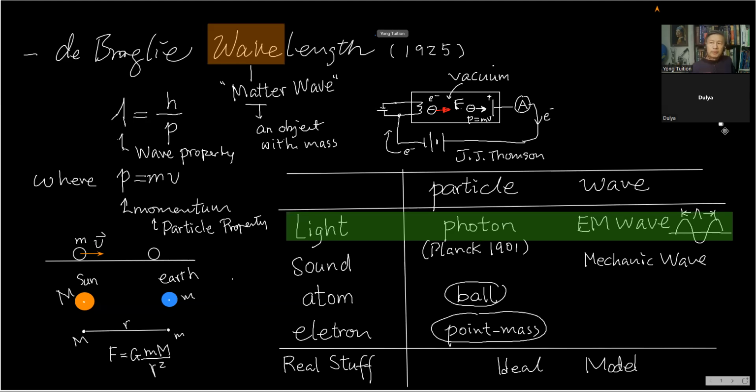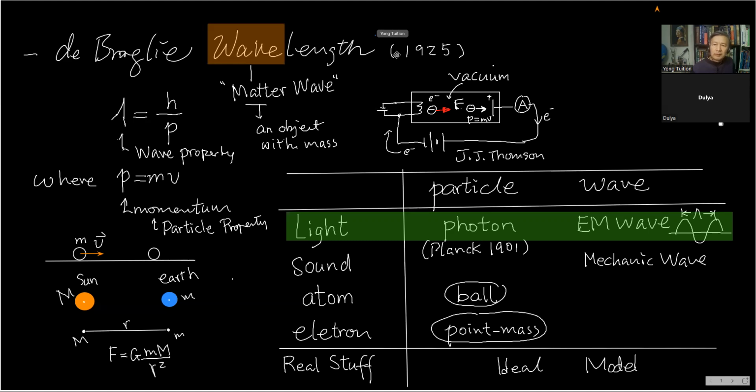So return to de Broglie. I have given you a hint already. For the electron, since J.J. Thomson, we thought the electron is a tiny particle like an atom, like a photon, like a proton, right? So that is what we have done so far.